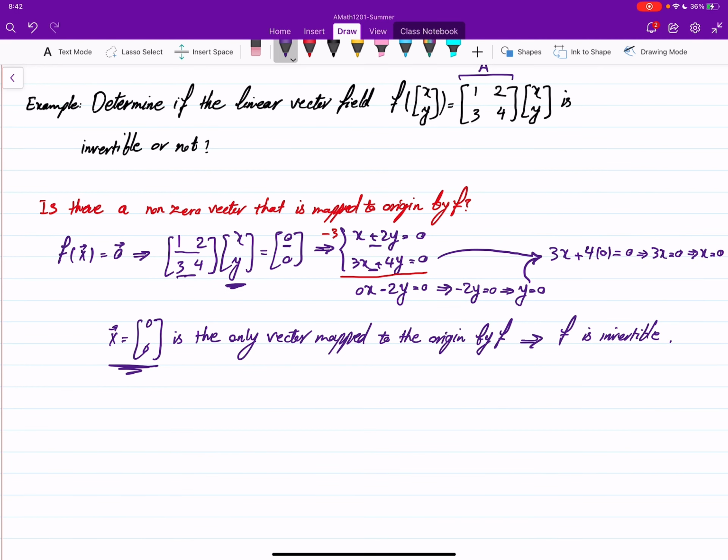Well, if you're happy with this method, you have to be aware that if we go to R3, this will be more difficult because then you have to solve a system with 3 equations, 3 variables. And it's going to be awful.